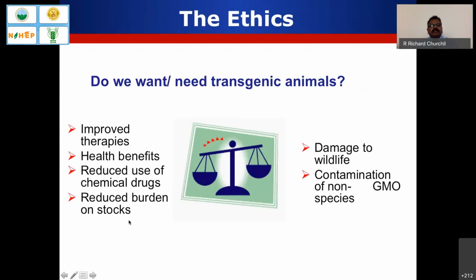Now we have to take a decision whether to have it or not, or whether to have it for some kinds of applications and not for others, by weighing its pros and cons.